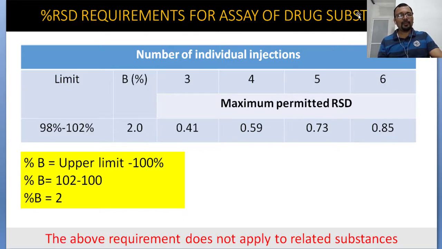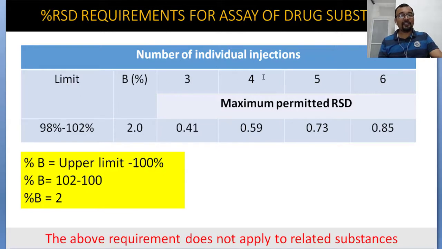Let us assume that the limit for assay is 98 to 102%. So in that case the percent B will become 102 minus 100 becomes 2%. So with the 2 value of percent B, now there are various requirements. If you wish to inject triplicate injections, then the limit for percent RSD should not be more than 0.41%.